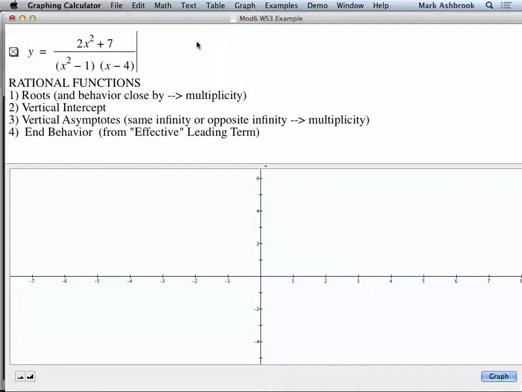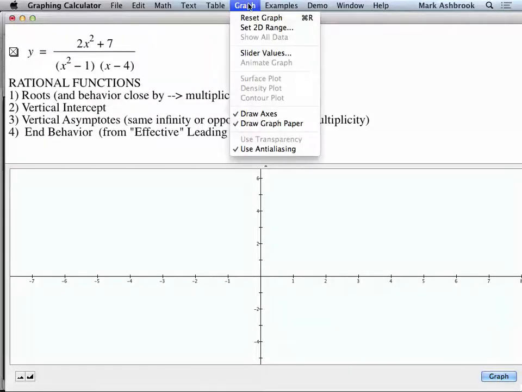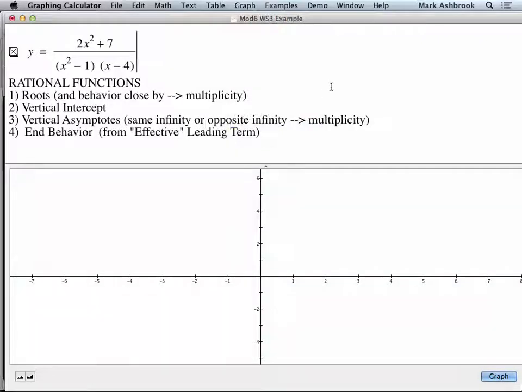Go. So no graphing calculator. Build these 4 things that we're talking about, and then try to sketch the graph by putting those 4 things together, like we did.